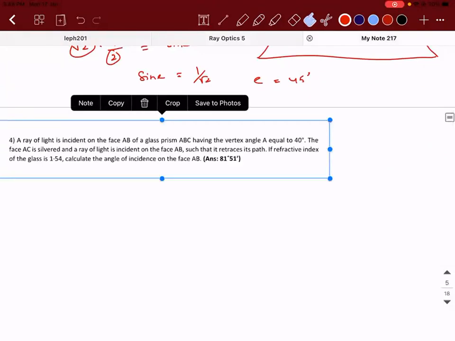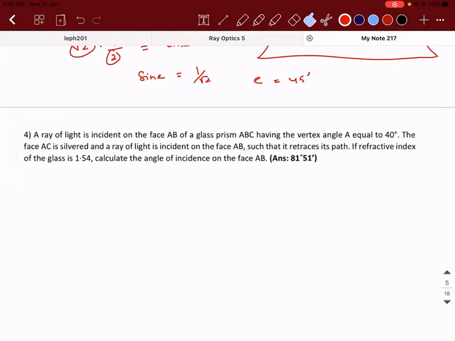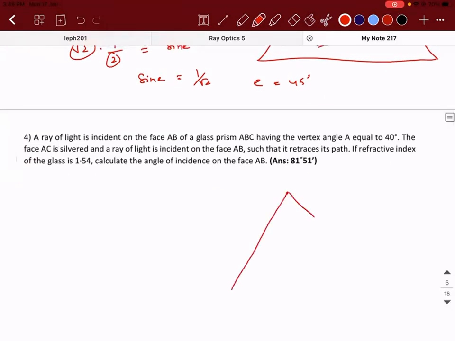So it's a tricky one and it's a good one also. So there is a ray of light which is incident on the triangle ABC, having the vertex angle of 40 degrees.